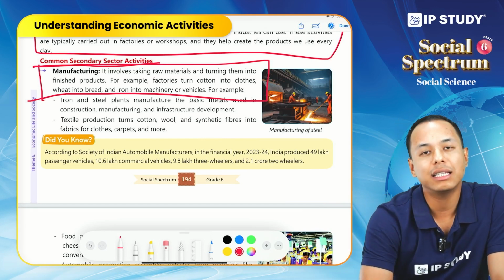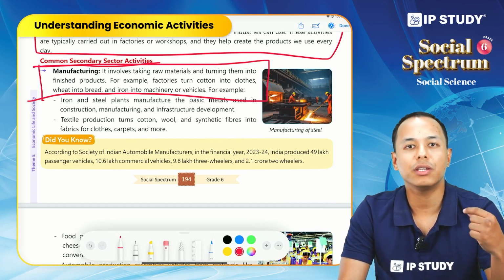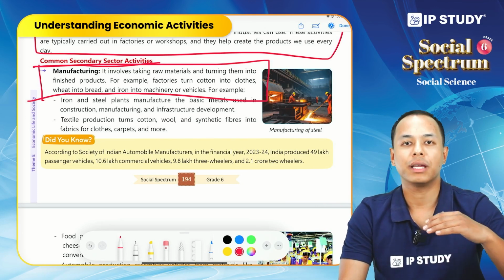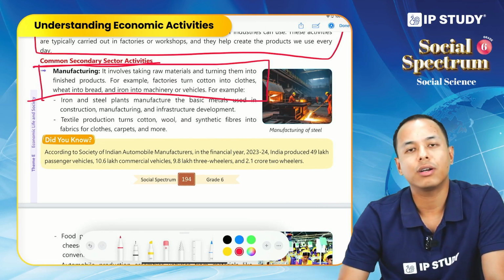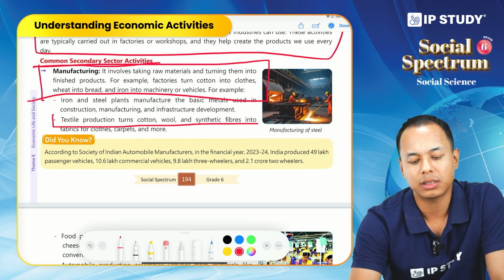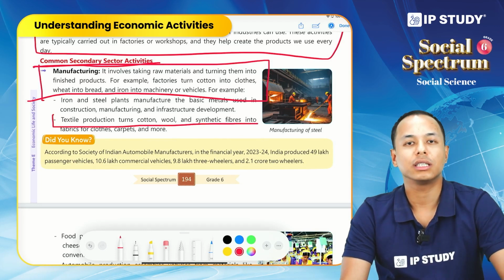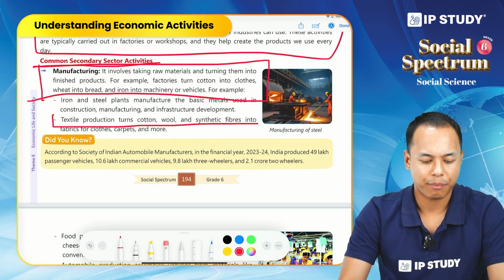For example, the iron and steel industry transforms metals or minerals into products that can be used in construction, in making automobiles and so on. Textile production, as I've already given you the example of cotton, converts cotton, wool or other synthetic fiber into clothes, mattresses and things we wear.